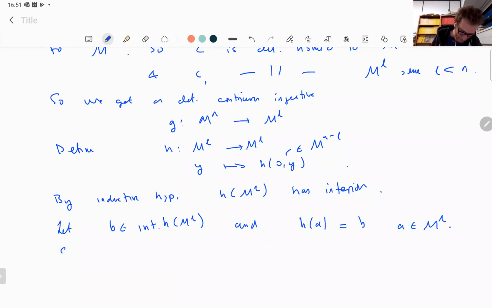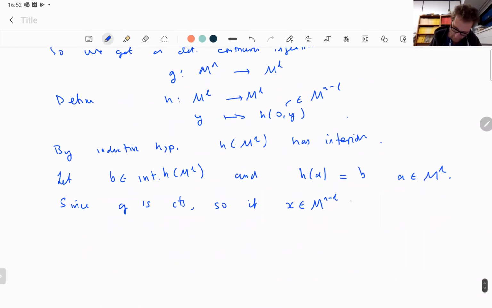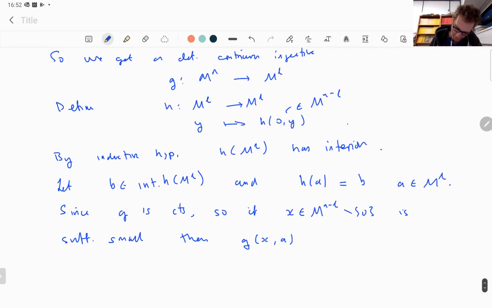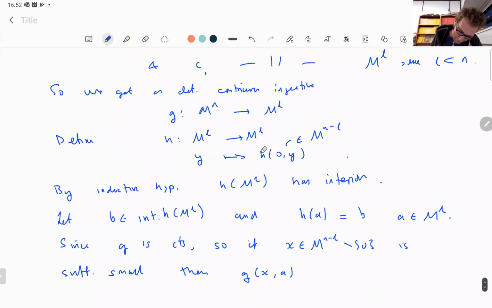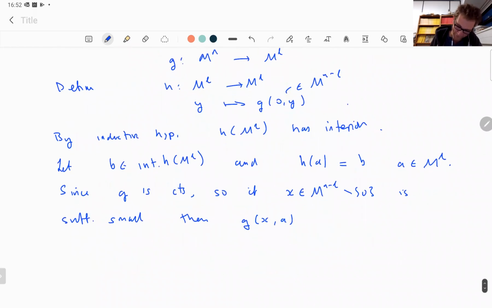Now G is continuous. So if I take an x in M to the N minus L, not 0, that is sufficiently small, then G of xA will be close to H of A, sorry, be close to G of 0A.